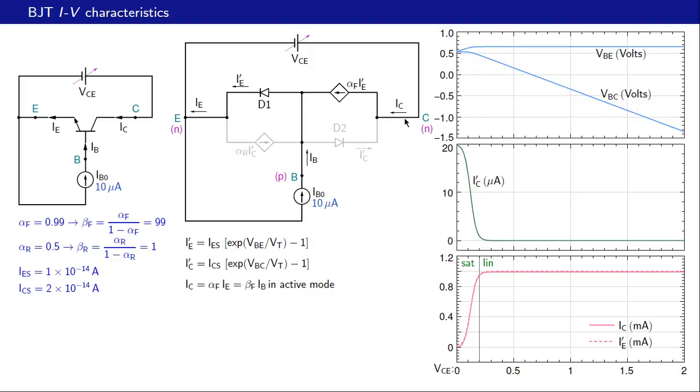And since this end is positive compared to this one, the base collector diode is not conducting. Alright, what we will do now is consider another value of VCE, namely VCE equal to 2 volts. For this voltage, we notice that our base emitter voltage has not really changed. We can't really tell the difference.